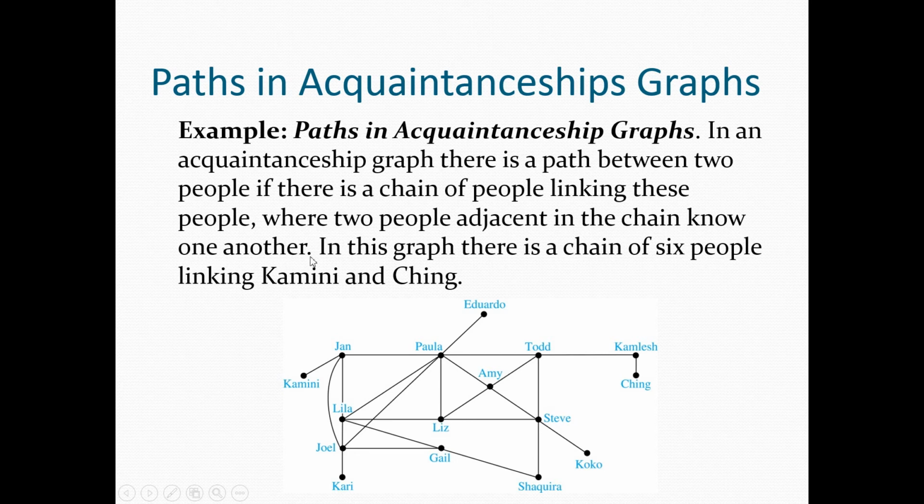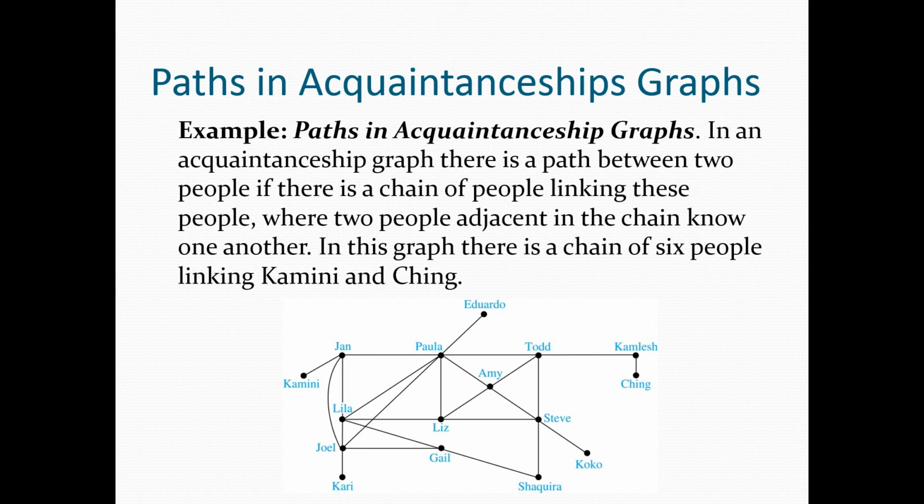Know one another. But the people we are linking, they don't know each other in general. If they know each other, they are already connected. Okay, so there is only one edge in that graph. People know each other, or you may say there is a path of length 1.